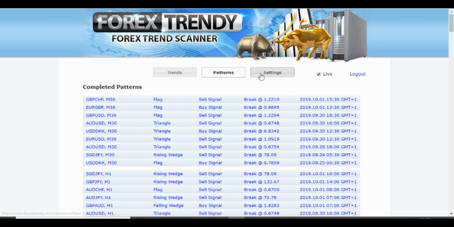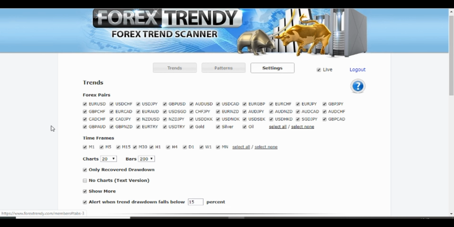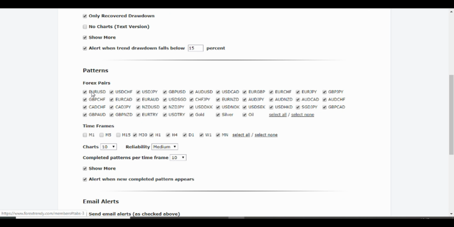And if you go here on settings, you can choose the forex pairs you want to trade with. You will find the most common ones and the exotic ones, okay, plus the commodities. Down here there are the time frames. You can select, for example, the 1 minute, 5 minute time frames if you are scalping, okay.